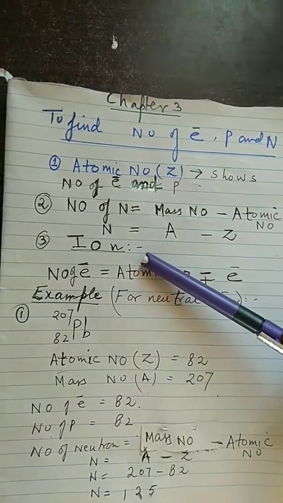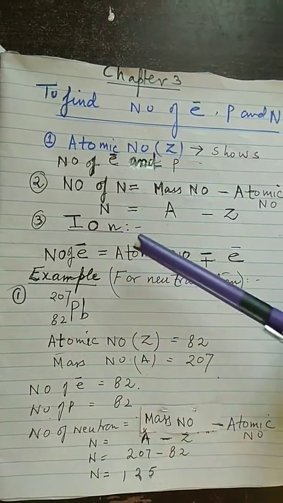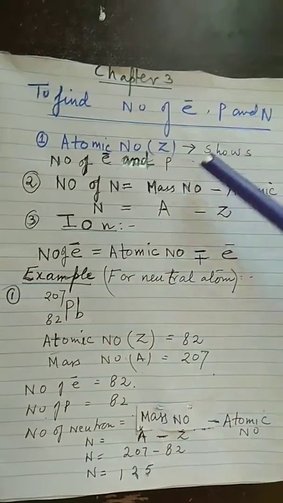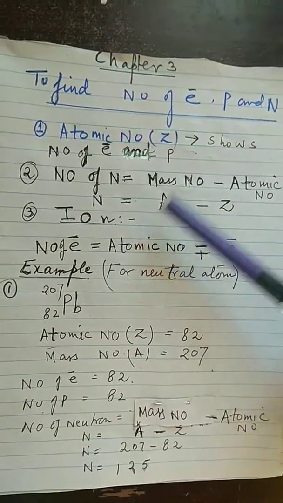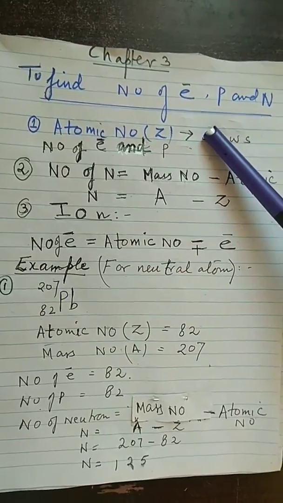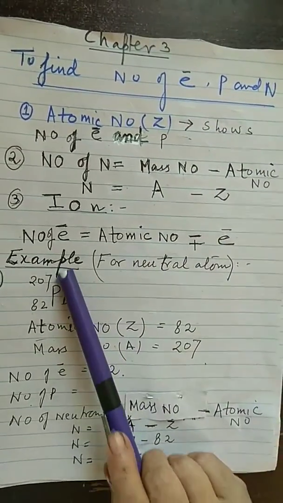But if the atom is in the form of an ion, which can be either positive or negative, then you cannot directly write the number of electrons from the atomic number. So learn this formula also.